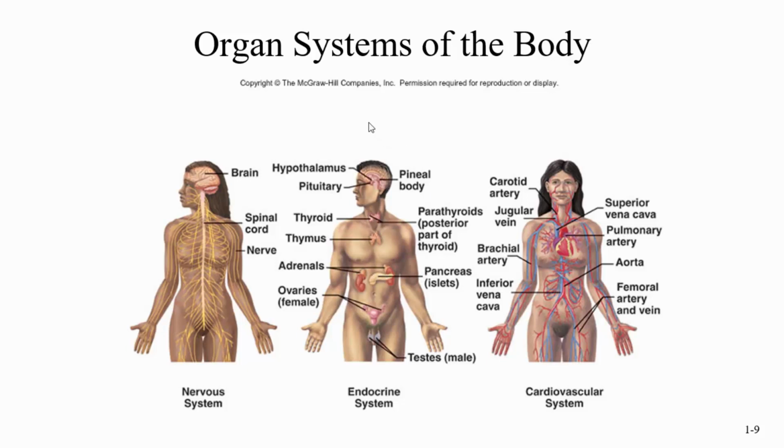And I like to talk about the nervous system and the endocrine system together. And I know some instructors do teach those together because these are the control systems of the body. Okay, the control systems of the body. I like to think of the nervous system as your wired communication. I like to think about your endocrine system as kind of your Wi-Fi communication. Okay, so nervous system, we have the wires.